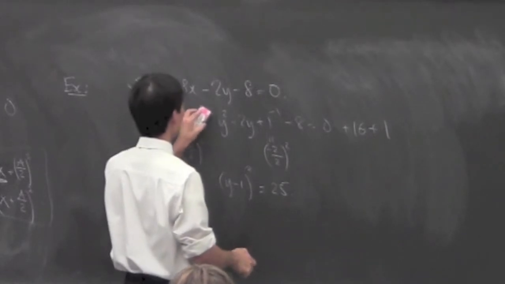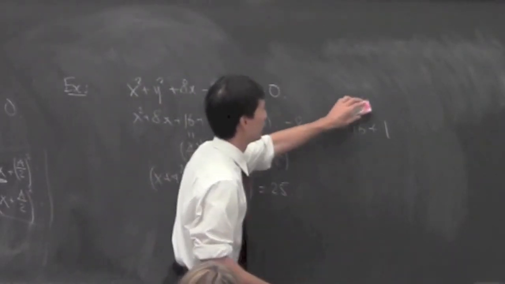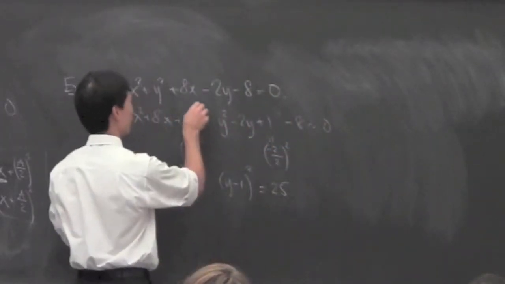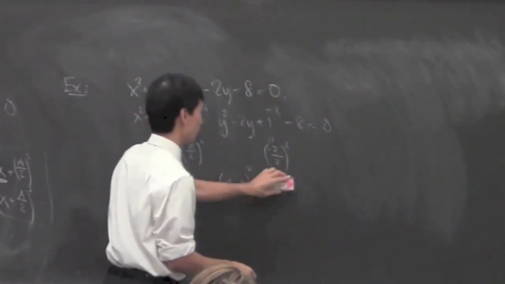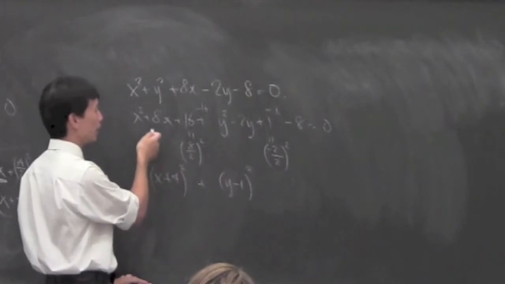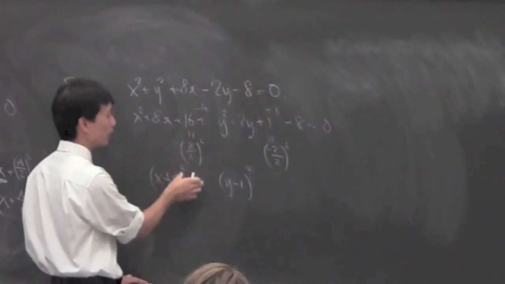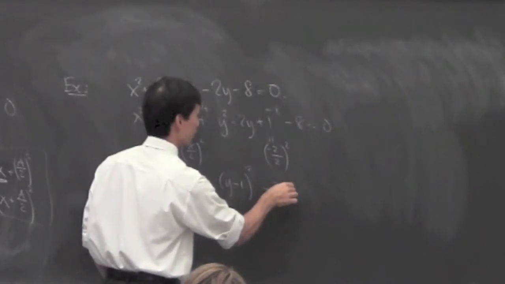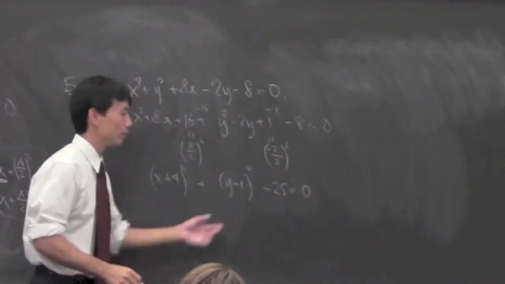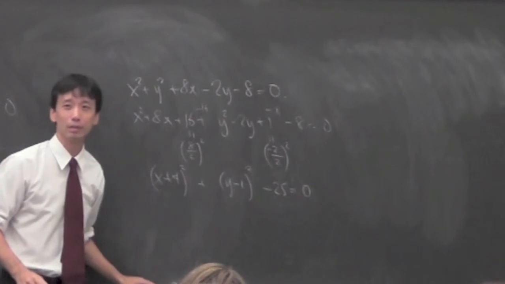It's the same thing, like we said. So I have minus 16 here and minus 1 here. And then I get x plus 4 quantity squared plus y minus 1 quantity squared minus 25 is 0. Which is the same thing as the 25 on the other side.